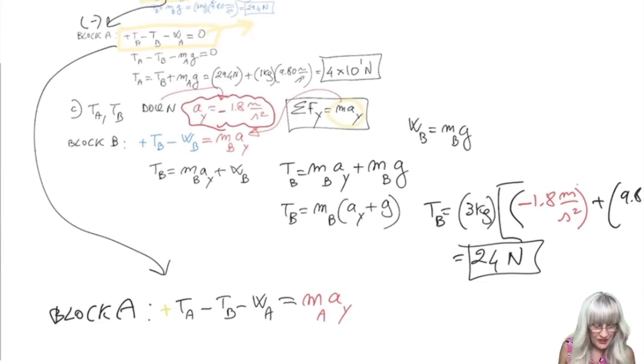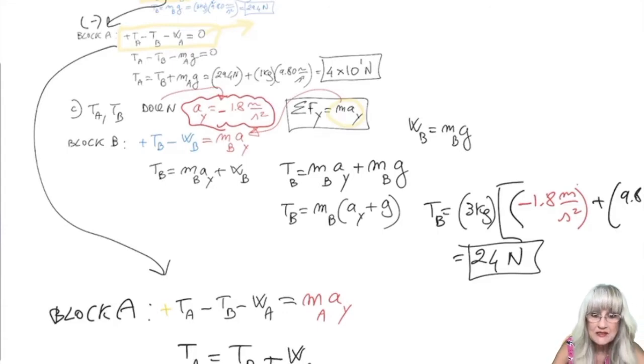I'm going to solve it a little bit theoretically so you can see how interesting and how elegant this equation is. So tension of A will be T of B. The weight of A will be positive going past the equal, and this one stays here.